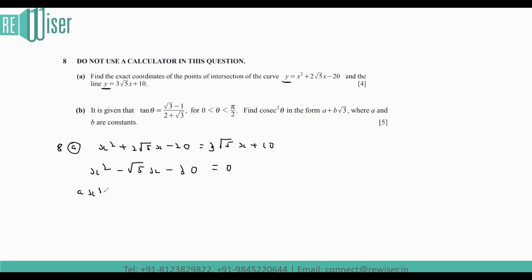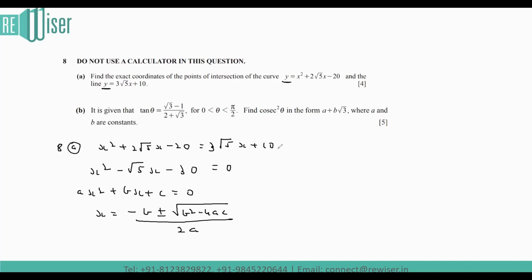If I recap the formula, if it's ax squared plus bx plus c equals 0, then to calculate the value of x we use minus b plus or minus root under b squared minus 4ac, over 2a. That's the quadratic formula that we use to get the solution.